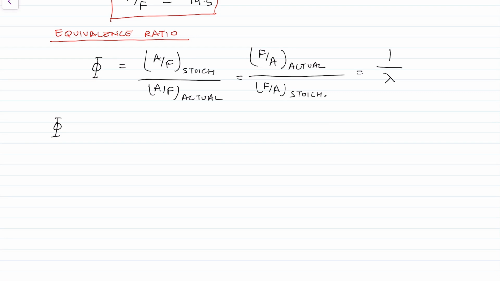Now phi less than 1, equivalence ratio less than 1, means this is fuel lean, and phi greater than 1 means it's fuel rich.